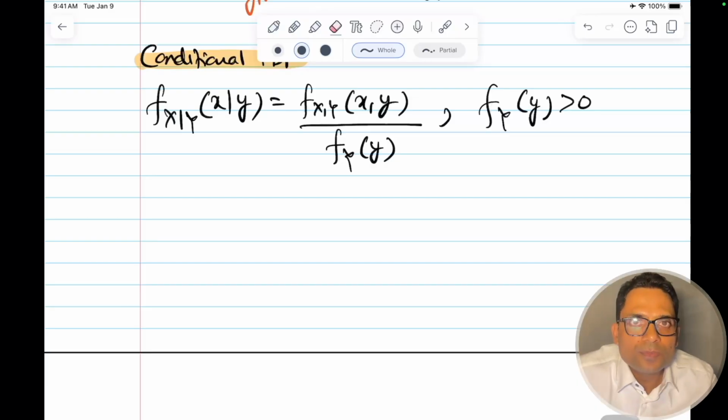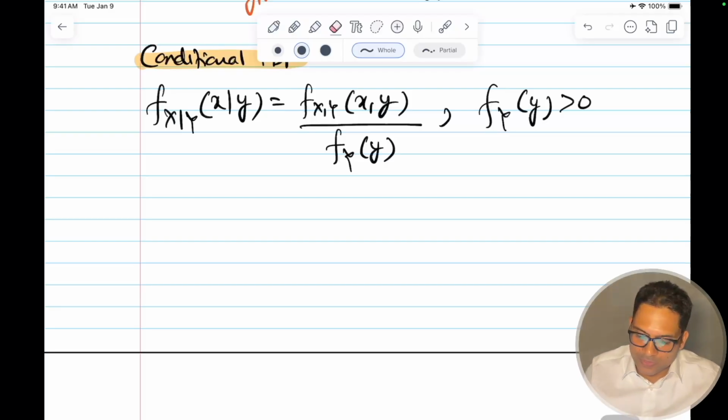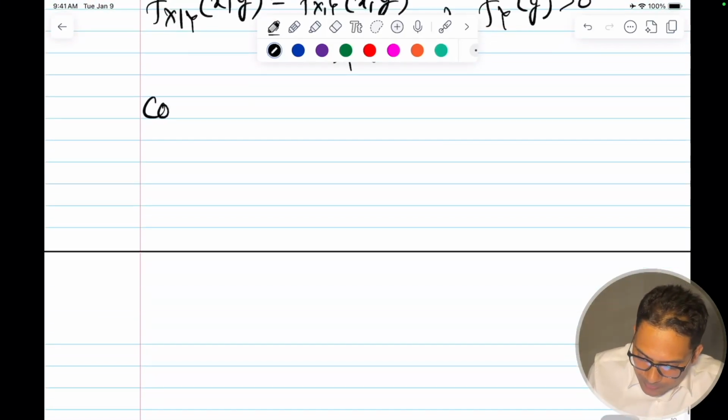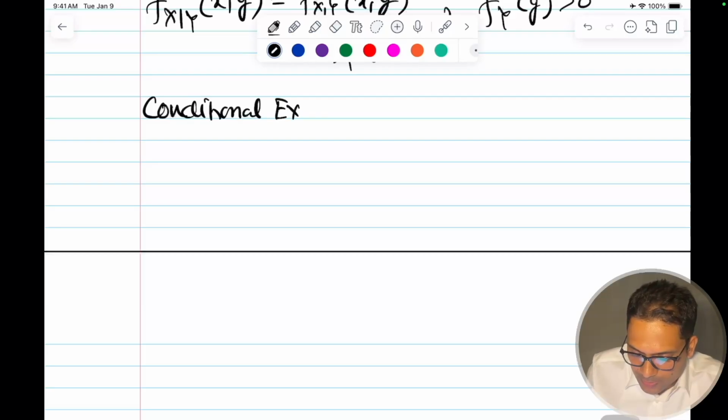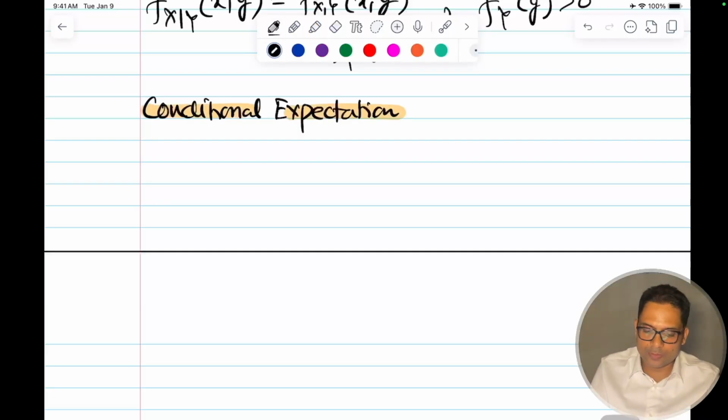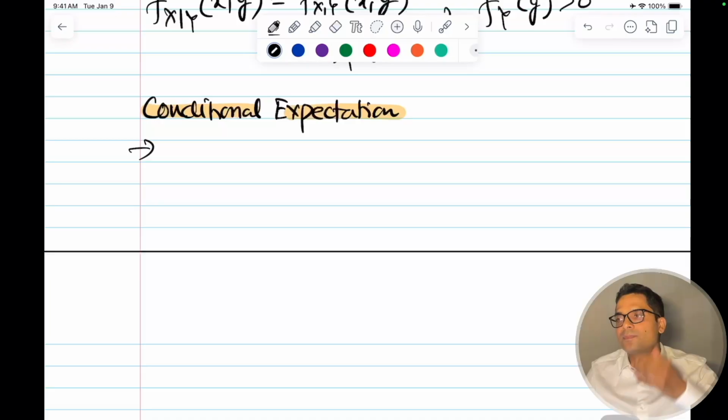Now let's move to the next topic within conditional. So now we'll discuss conditional expectation. I told you, right? So we'll have conditional expectation also and variance. So we'll just extend it. So what is conditional expectation?